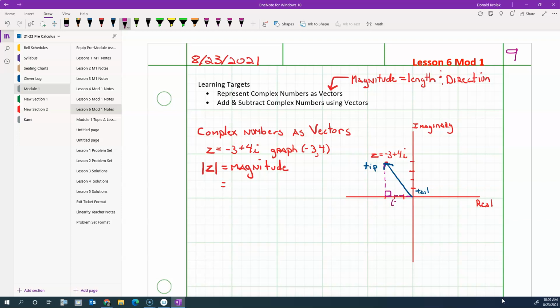So you do 3 squared plus 4 squared, which is known as the Pythagorean Theorem. Yeah, it's just the Pythagorean Theorem.